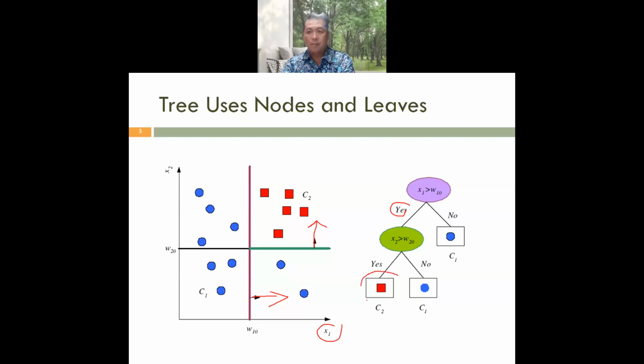Then we say that they belong to class 2, the red one. Otherwise, they belong to class 1 here. So this is a very simple example of how we can split the data using the conditions for the value of the attribute. In this example, we only have two, x1 and x2. We could have more than two.